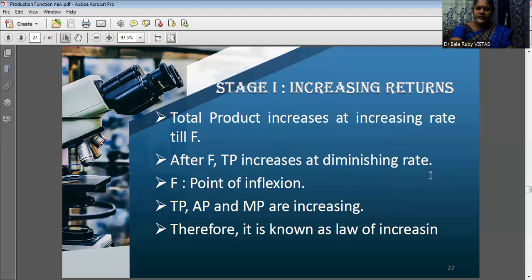Then point F is considered as a point of inflection. Total production, average production, as well as marginal production are increasing in the first stage. Therefore, it is known as law of increasing returns. So, this is the main reason why we say this first stage is increasing returns.